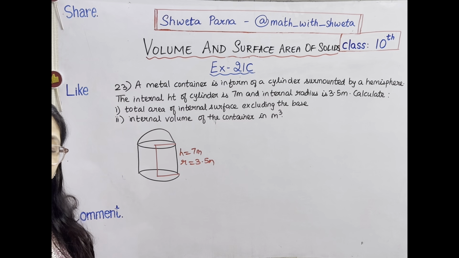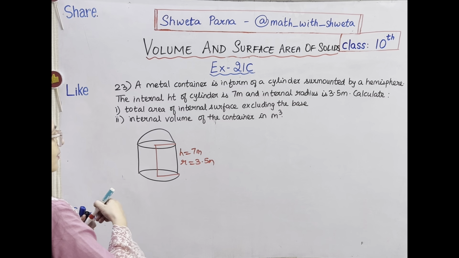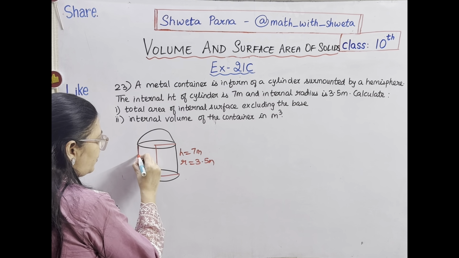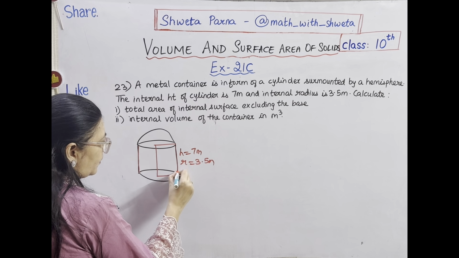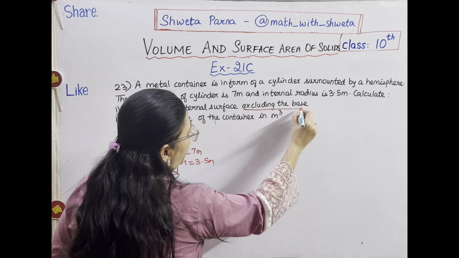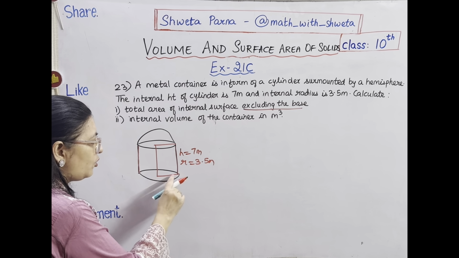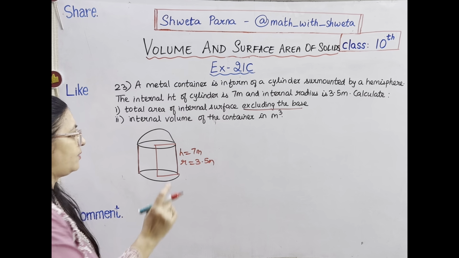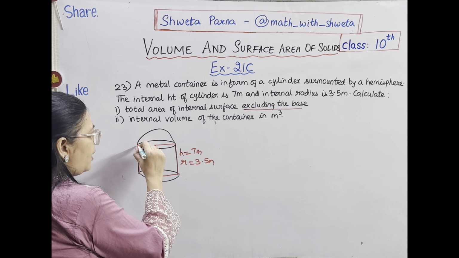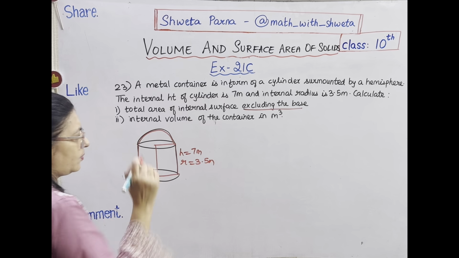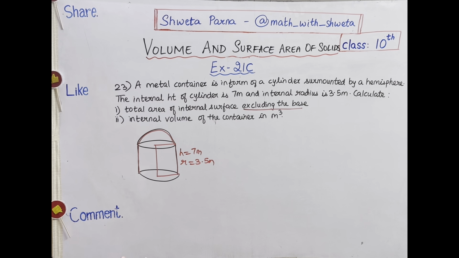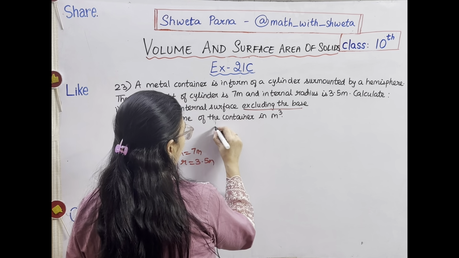What did I say? Whenever you want to find total surface area of the internal surface, first let's check. So internal surface means you are going to take this. Also they have told excluding the base. That means you are not going to consider the base. So it is only this and this, the internal surface, right? So what are you going to find for the first one?